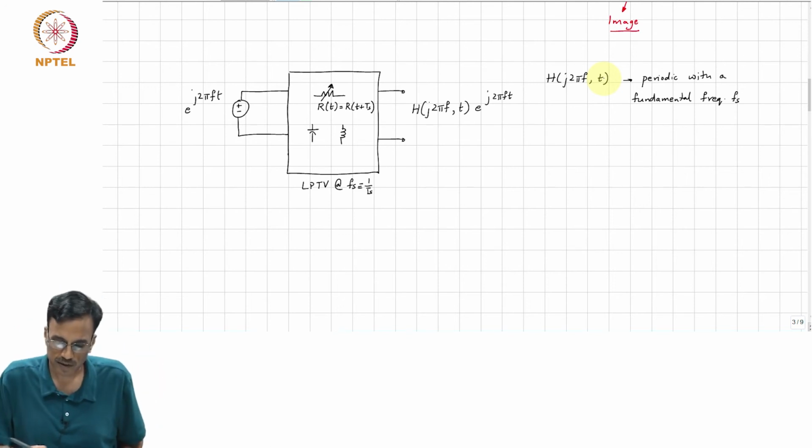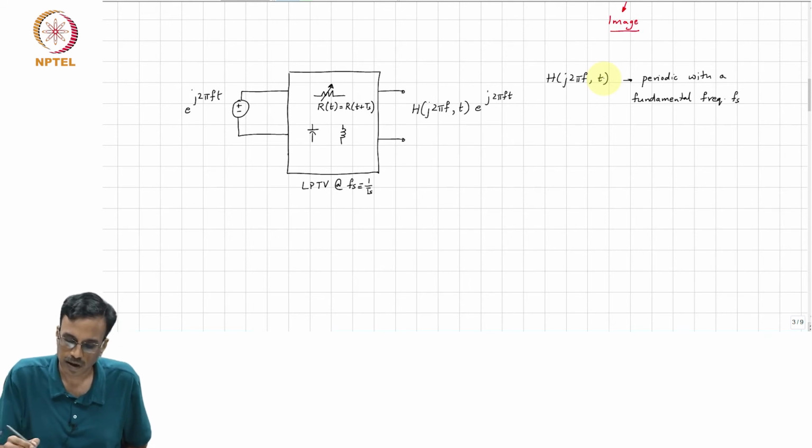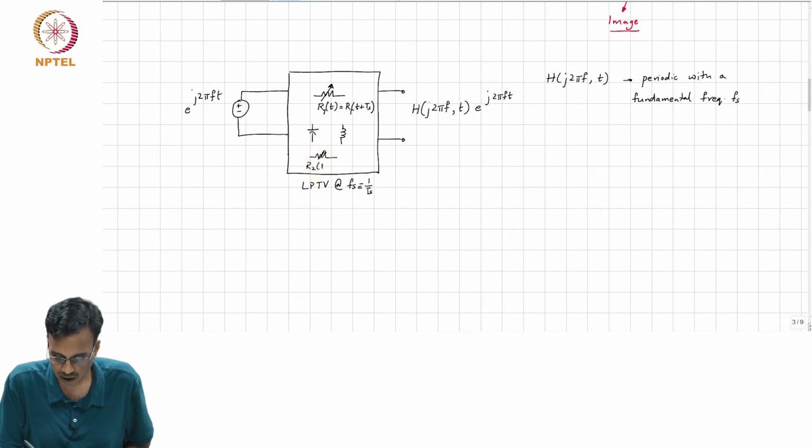Now, the question I am going to ask you is the following. Let us say I took the same network. Let us call this R1, and let us say there was another resistor, and any number of other resistors, which were also periodically varying with time.